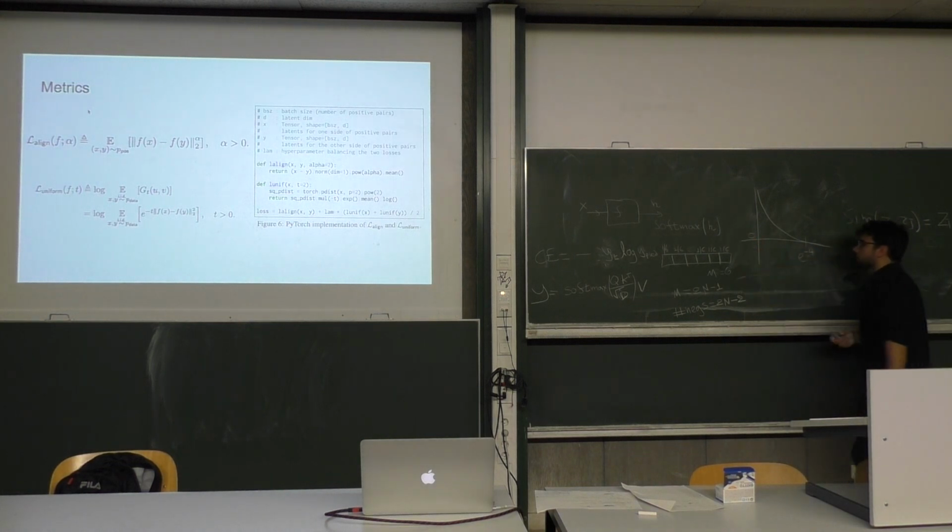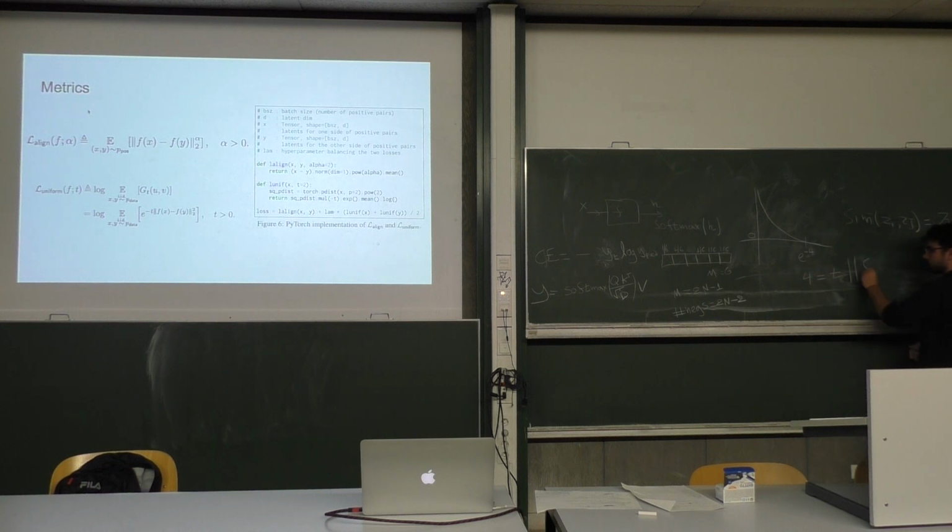This is 0. So basically, we pay much more attention to the pairs that lie close together than the ones that are far away. So let's say this 4 is t times, and they set this t hyperparameter to 2.